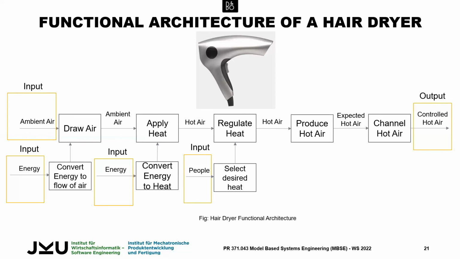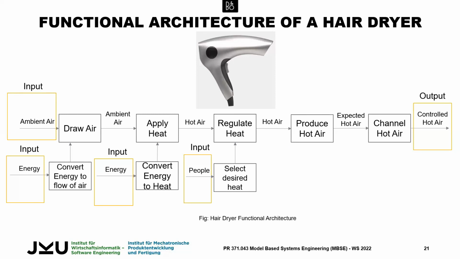Therefore, you see, we need people here. But of course, if you have some kind of autonomous system which is connected with the user brain, then maybe you do not need the machine could regulate the heat as per the desire of the user. But I think this is very hypothetical thinking.